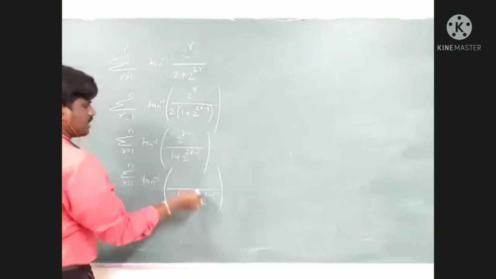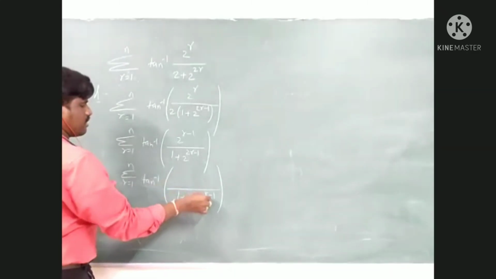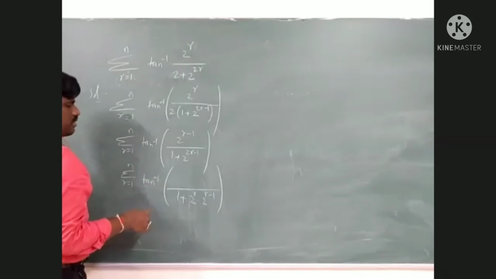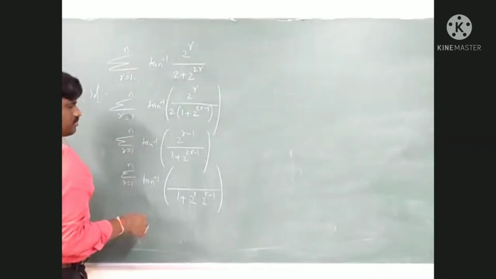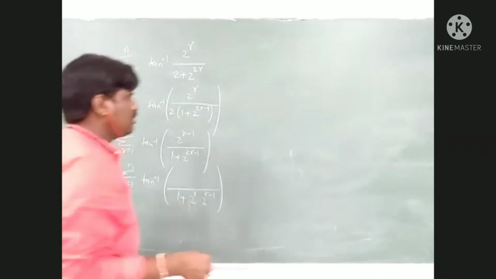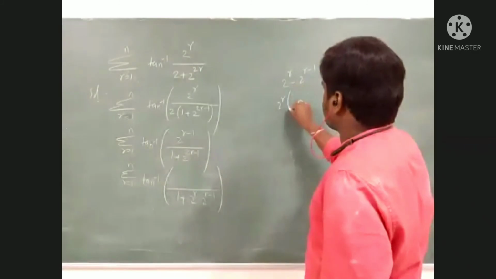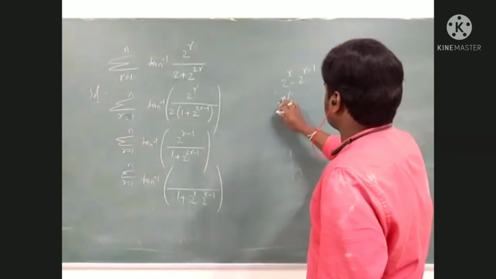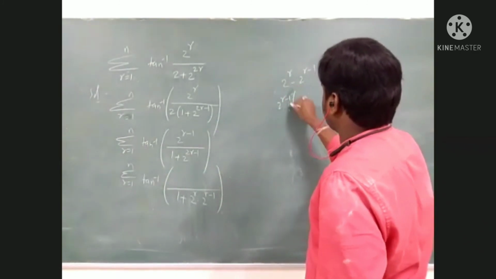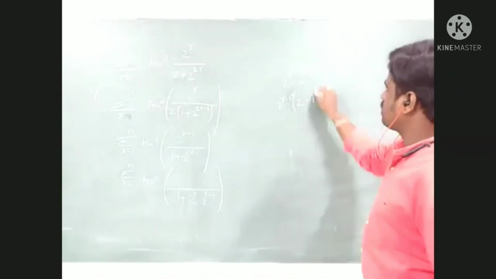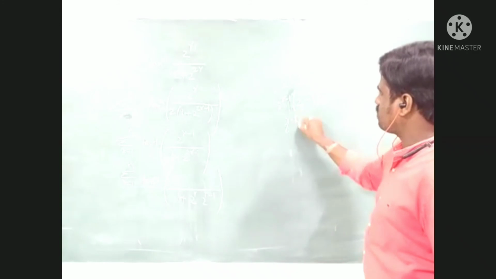So what can I write on the top? Can I write 2 power r minus 2 power r minus 1? If I take 2r minus 2r minus 1, I should take 2 power r minus 1 common. So I get here 2, and here I get 2 and minus 1, so I get 2 power r minus 1 into 1.